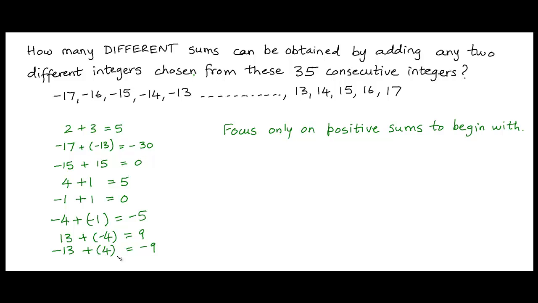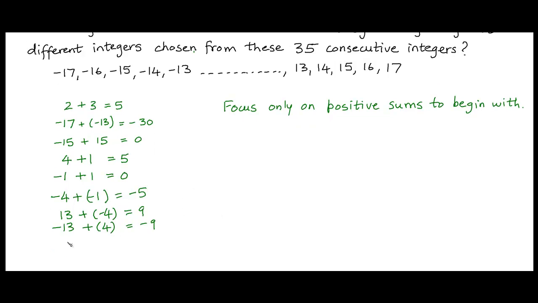So every time I choose numbers a and b to form a positive sum s, in principle I could have also chosen the numbers -a and -b to form the negative sum -s. So if I can find out how many different positive sums I can form, that would also tell me how many different negative sums I can form.